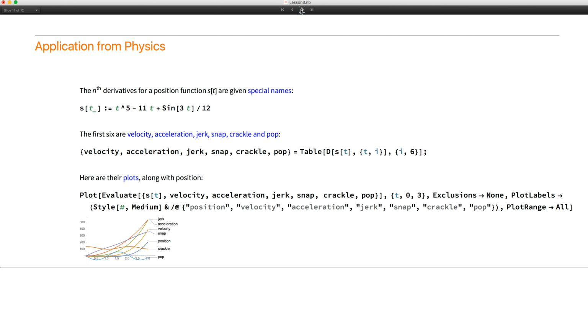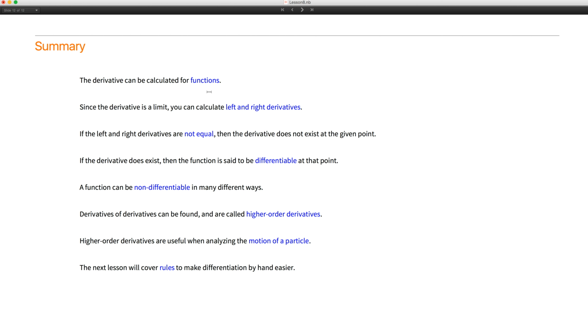Okay, so now we are at the end of today's lesson, and what you've learned is that you can work out the derivative not just at points, but for entire functions. And what you get then is a new function. Because a derivative is a limit, you can compute left and right derivatives. Now, if it happens that the left and right derivative are not equal, then the derivative does not exist at the given point.